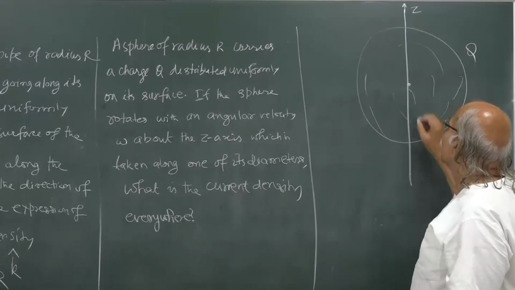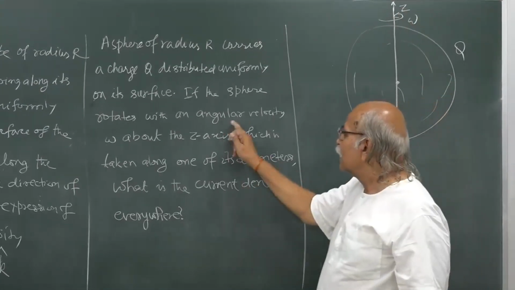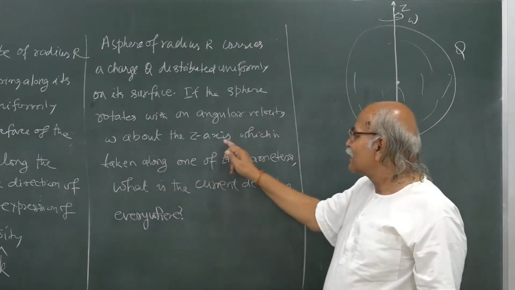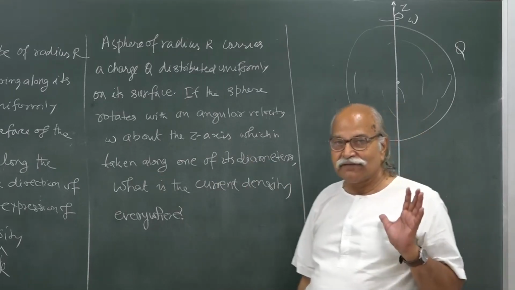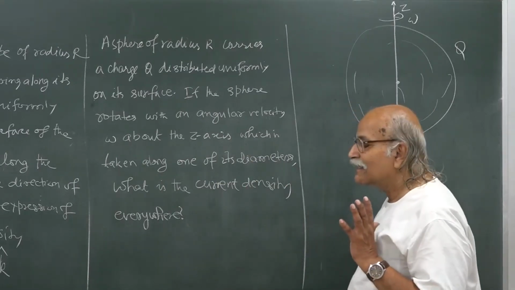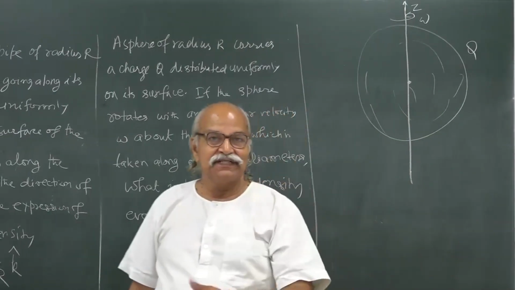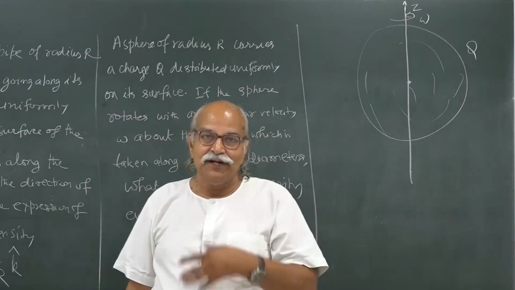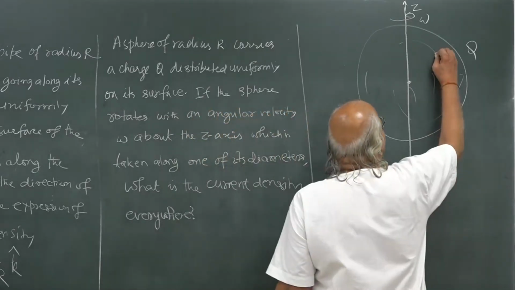Here is the center, and it is rotating with a uniform angular velocity omega about the z axis. So, that is the situation, and you have to find current density everywhere. Current density is only on the surface of this sphere, because the charges are only on the surface of the sphere. So, take any point on the surface.